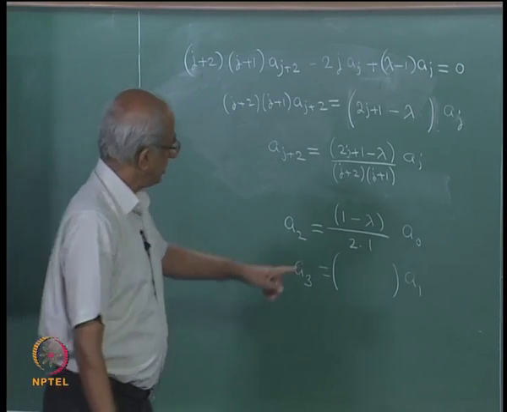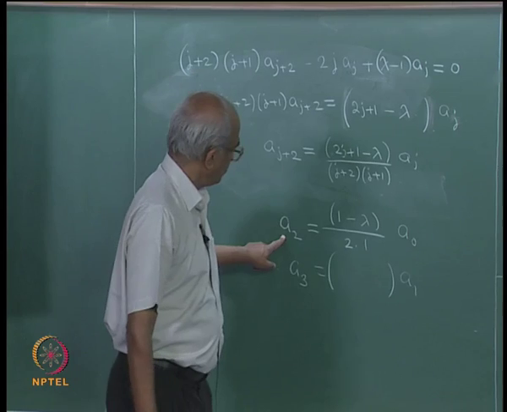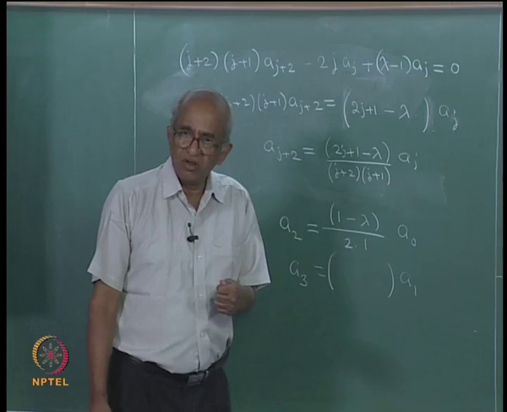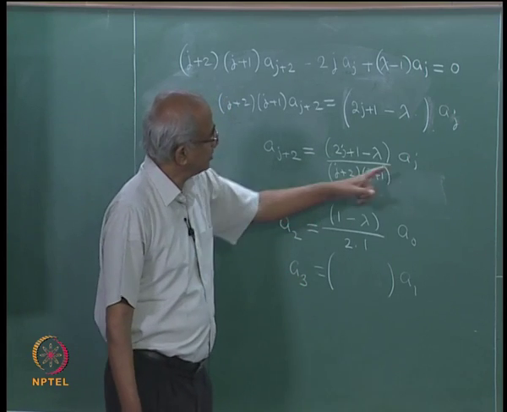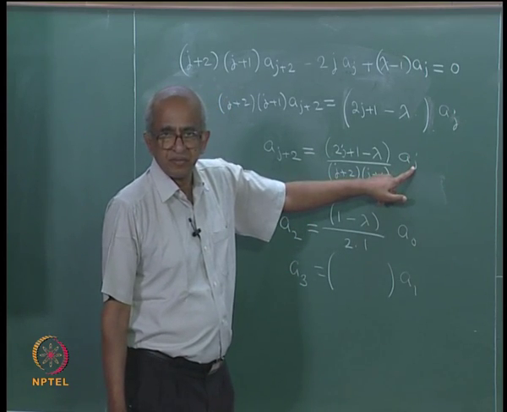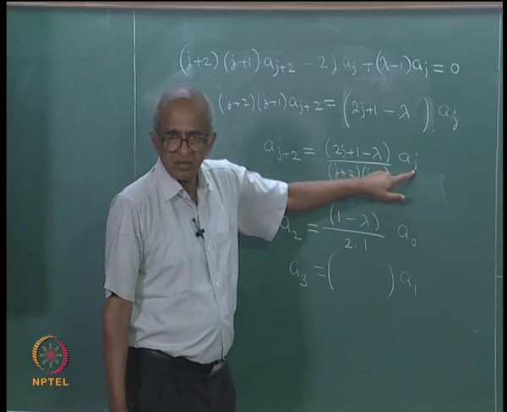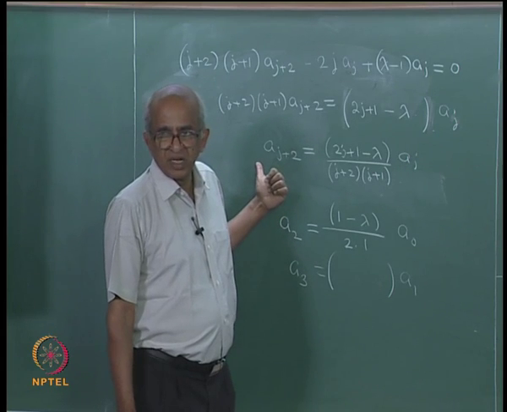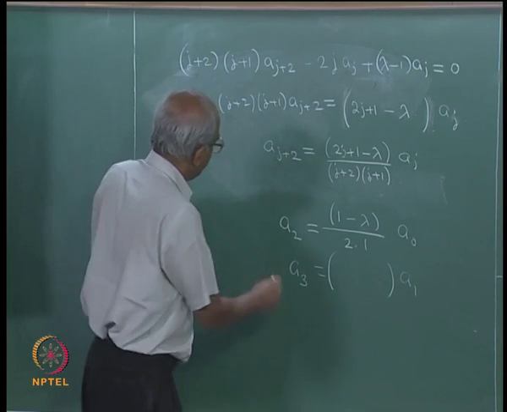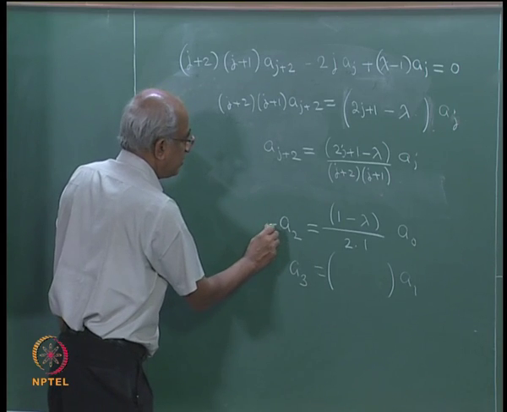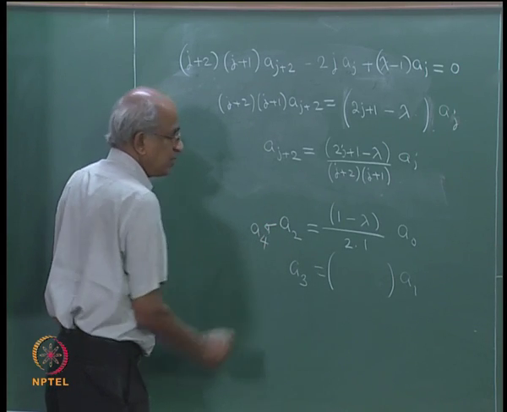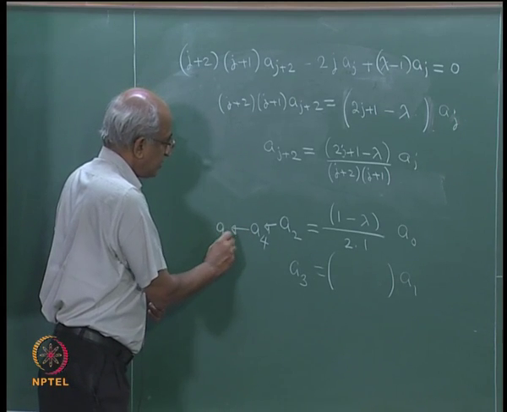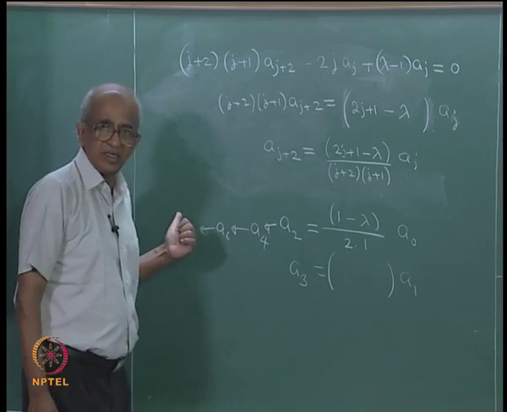So, you notice that the value of a0 determines a2 and the value of a1 determines a3, but then if I know the value of a2, I can put that value here, right. You put j is equal to 2, then I would have determined the value of a4. So, therefore, from here I can determine a4, and from a4 I can determine a6, from which I can determine a8.